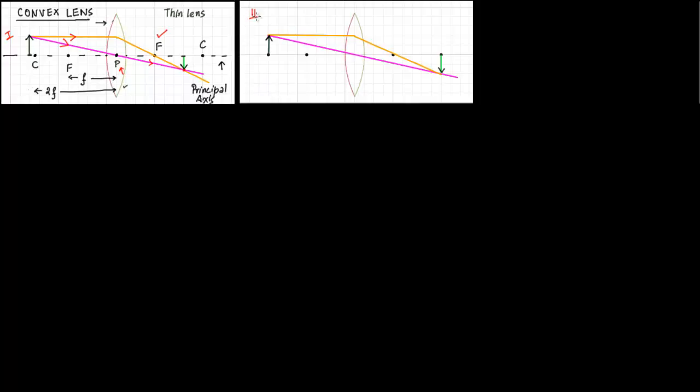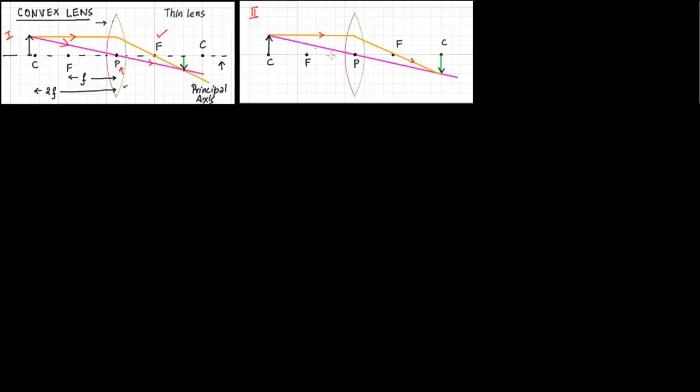So case 2, we again mark the focus here, the center is here. This is the center of the lens. So the first ray goes parallel to the principal axis. Once it goes through the lens, it will bend down and pass through the focus.